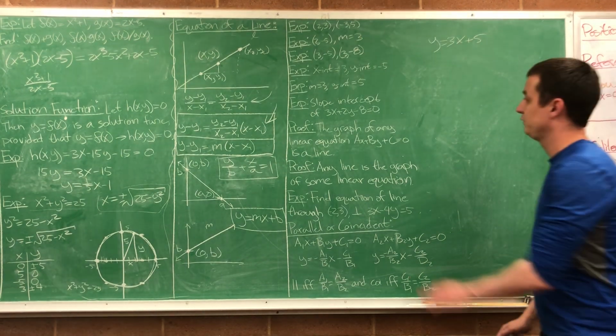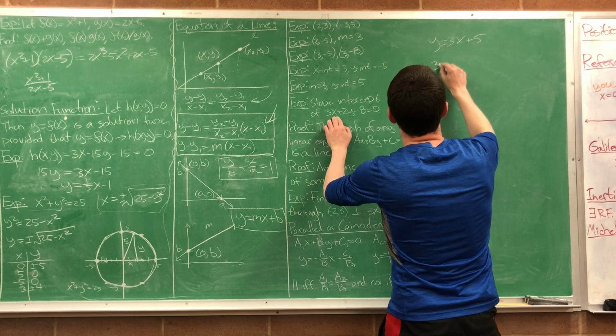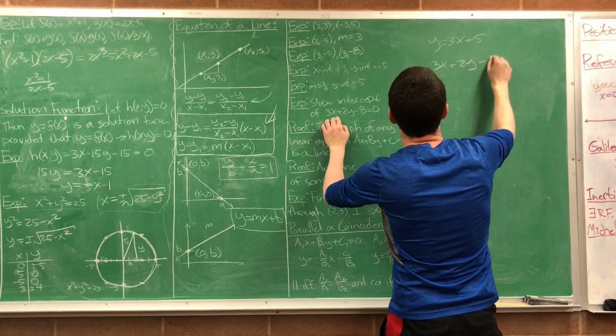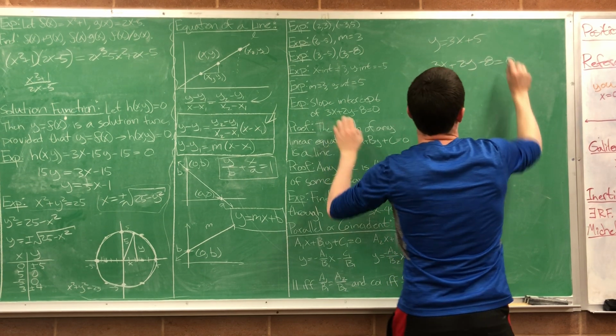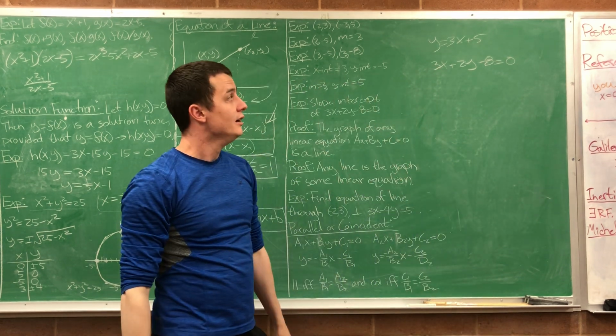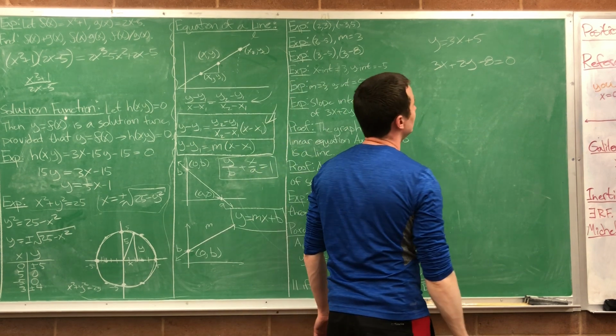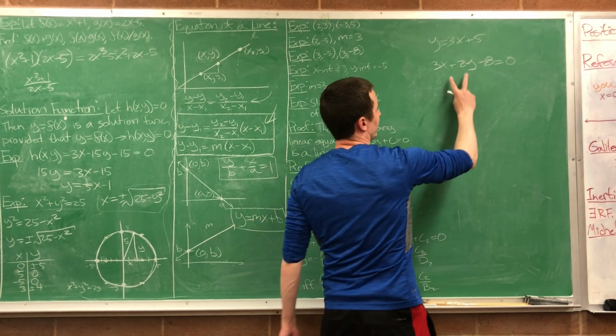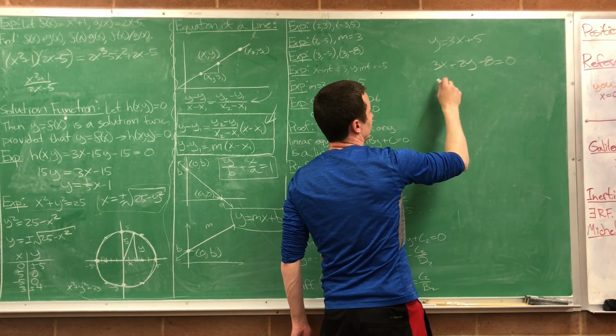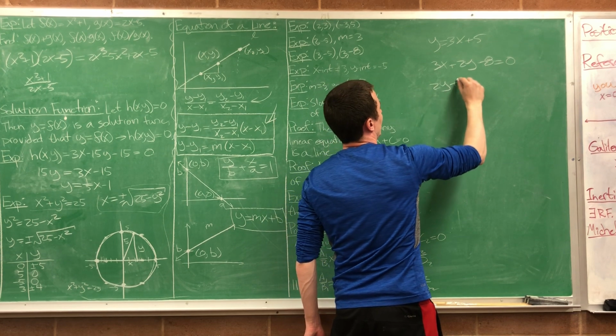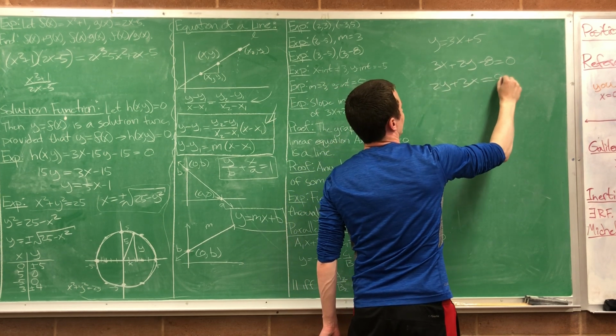Find the slope-intercept form if I know that 3x plus 2y minus 8 is equal to 0. So I'm going to move the 8 to the other side and divide everything by 2 as I go. Well, maybe I won't do all that in one go. I'll just move 8 to the other side and write my y first. So we have 2y plus 3x is equal to 8.